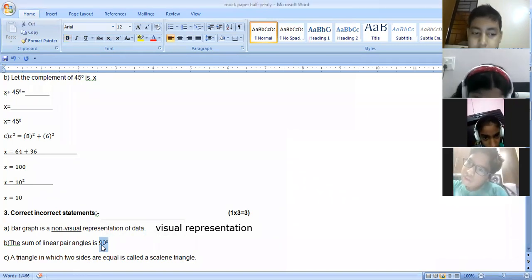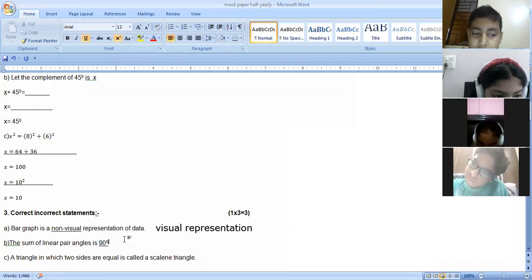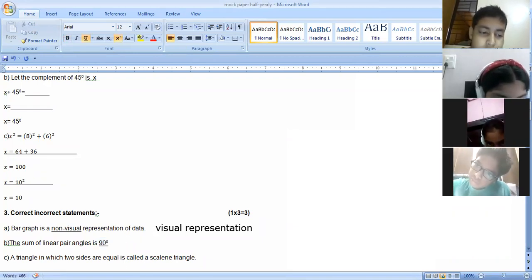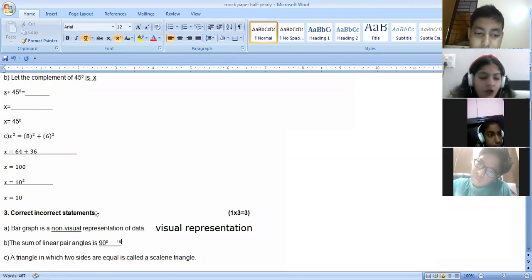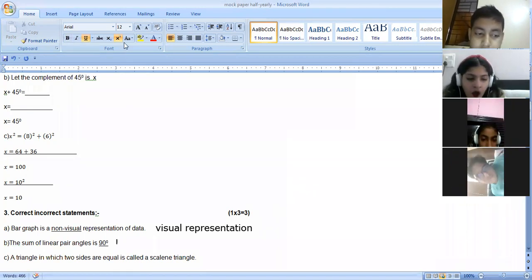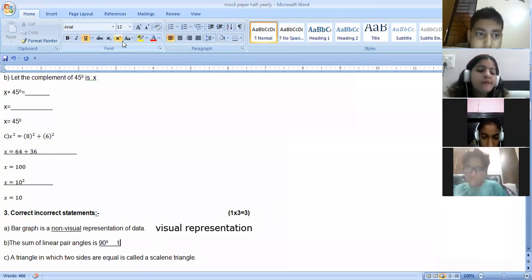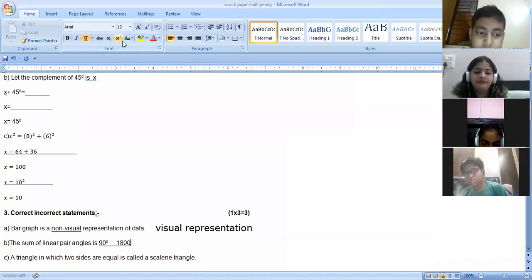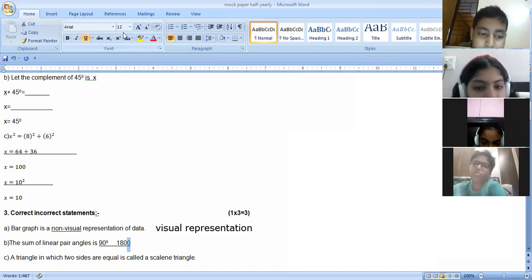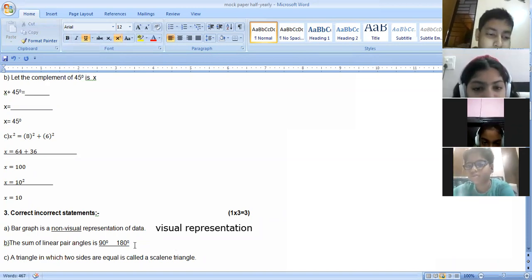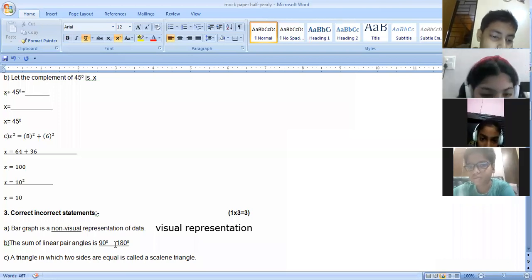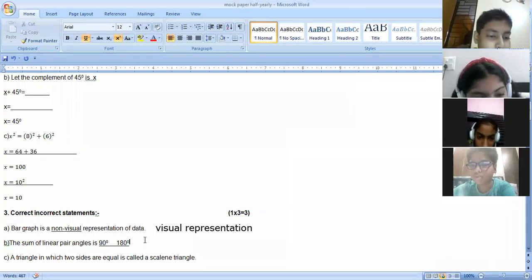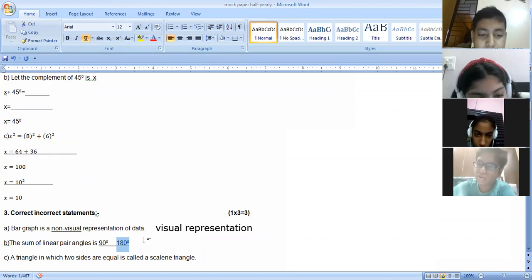So underline this portion and instead of 90 degrees, write down 180 degrees. Am I clear with that?